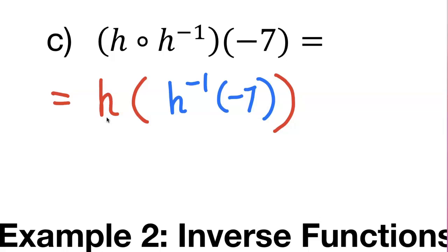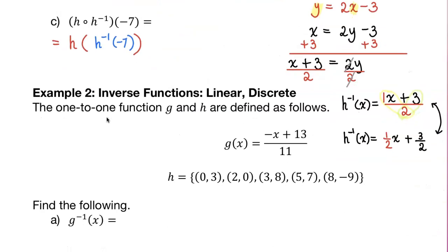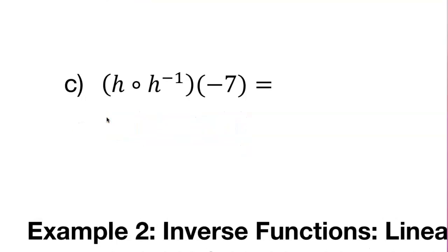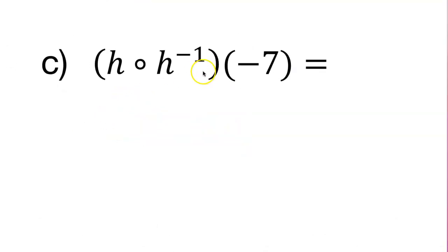Now, we do have it, we can do it, but the shortcut is, let's talk about that. When you do a composition of a function with its inverse function, whatever goes in will come straight out, okay? Because inverse functions are two different functions that undo each other, right? So whatever I did to -7, its effect got canceled out when I plug it back into its inverse function.